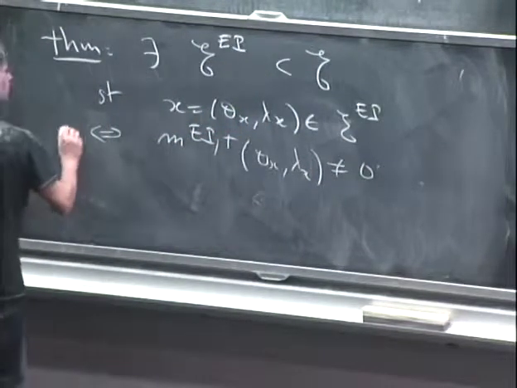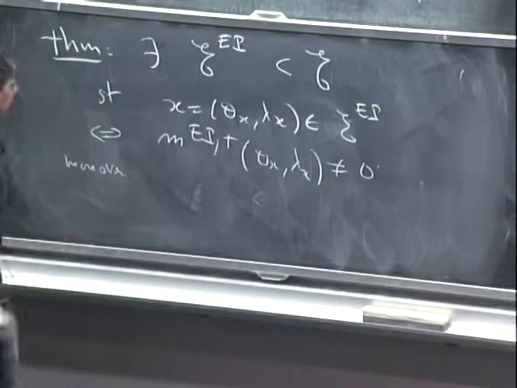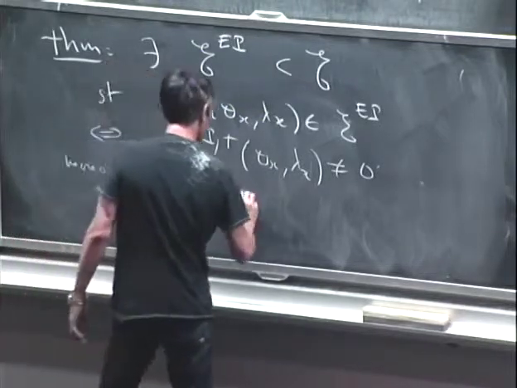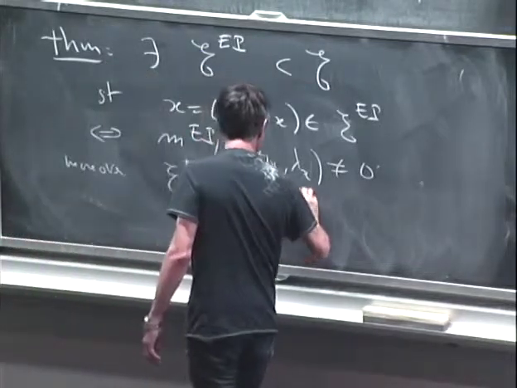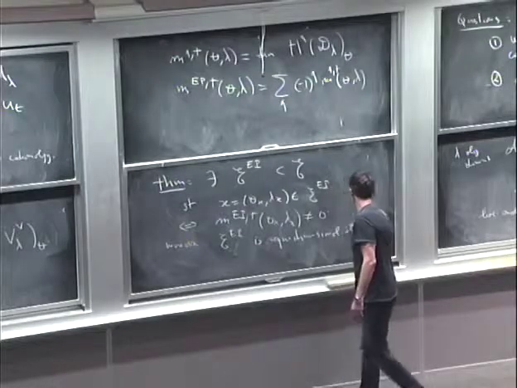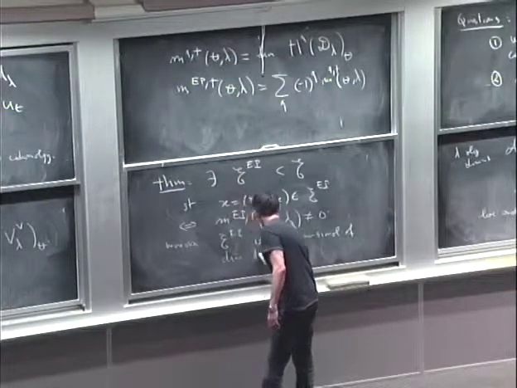And moreover, EP is equidimensional, of dimension the dimension of weight space.